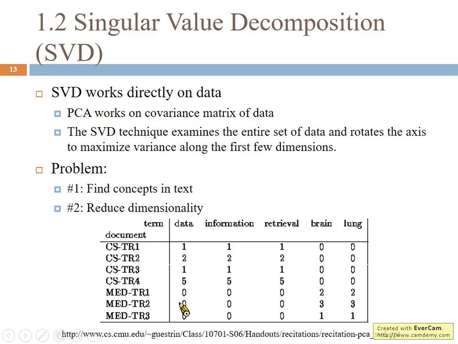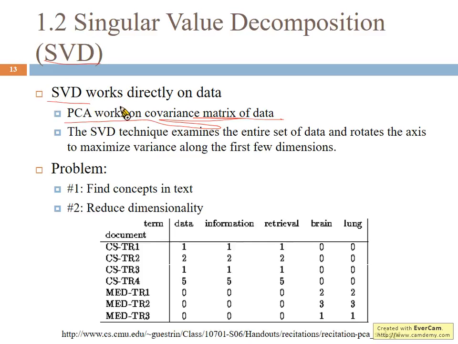Singular value decomposition, we call it SVD for short, is another important technique for dimension reduction. SVD works directly on data, in contrast to PCA, which works on the covariance matrix of data. Remember that we just find the eigenvalues and eigenvectors of the covariance matrix of the data in PCA.